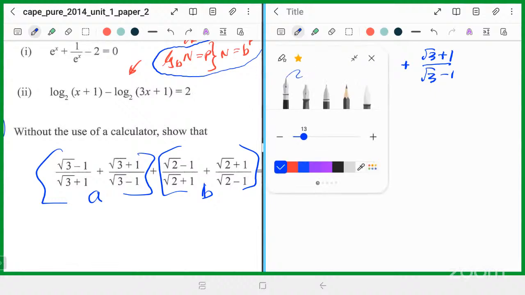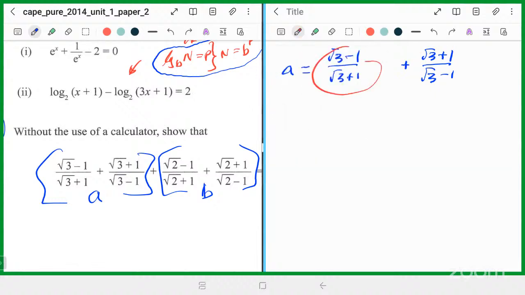So to add these two, I need to make the two denominators become the same. So I need to multiply this denominator up here and down there, and I need to multiply this denominator up here and down here. Let's work on rationalizing each denominator. That's what is going to become the end result anyway. So I'm going to multiply this first fraction by root 3 minus 1 over root 3 minus 1. I multiply this second one by root 3 plus 1 over root 3 plus 1.